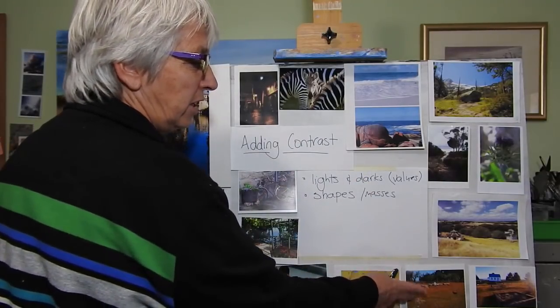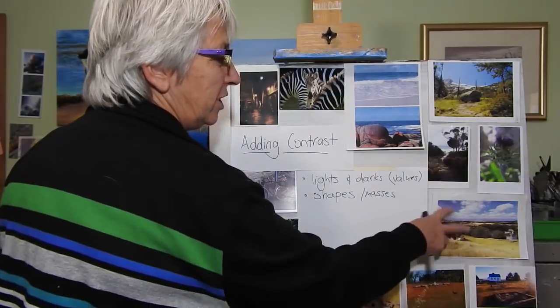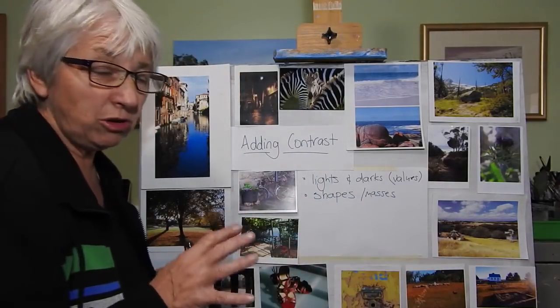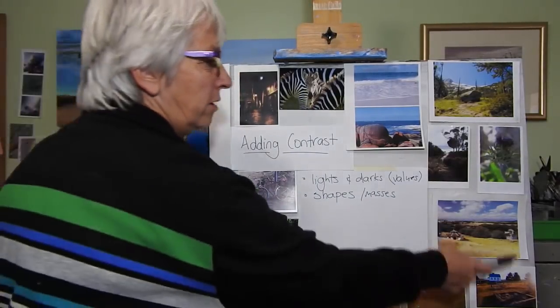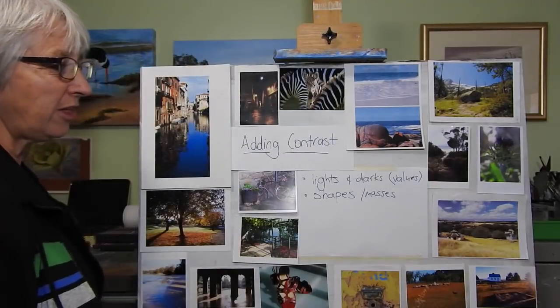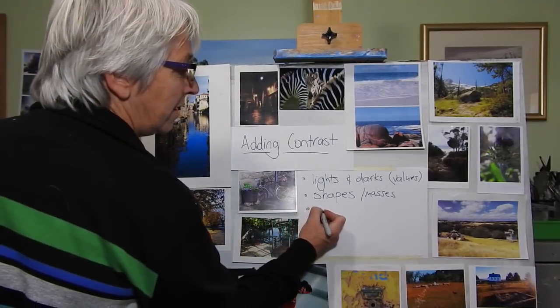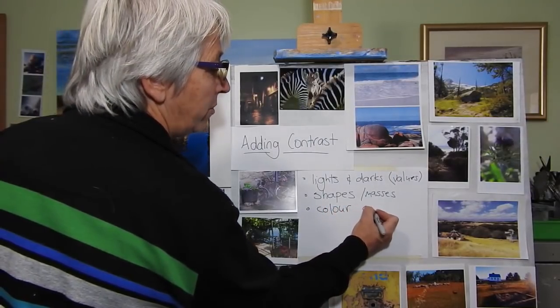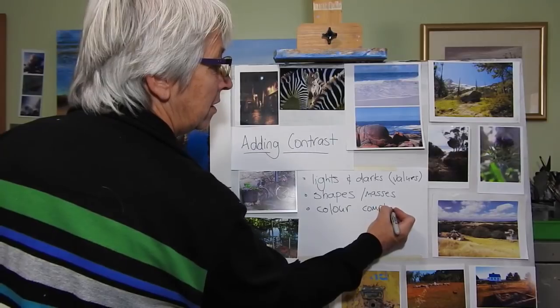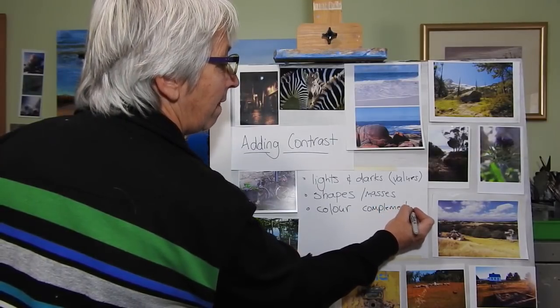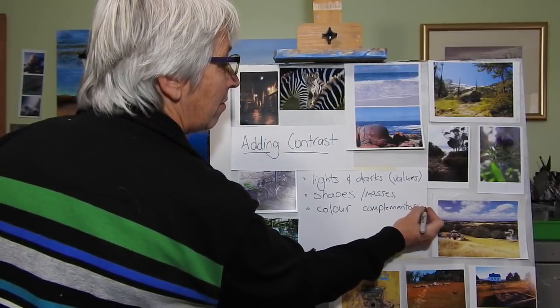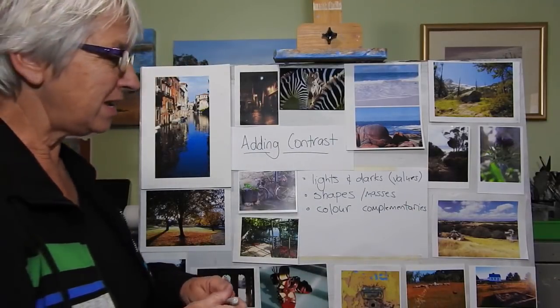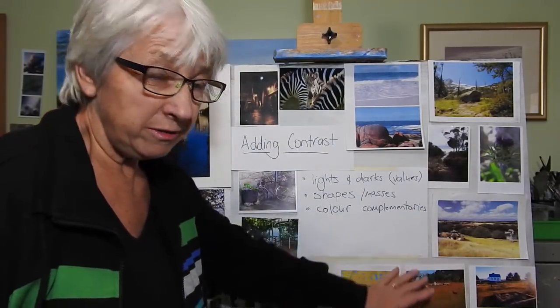So these orange blues, yellowy blues give you a very good contrast already, but within those four different paintings there are other areas of contrast. So we could say that colour gives you contrast as well, using complementaries. And that might be complementaries within your painting.